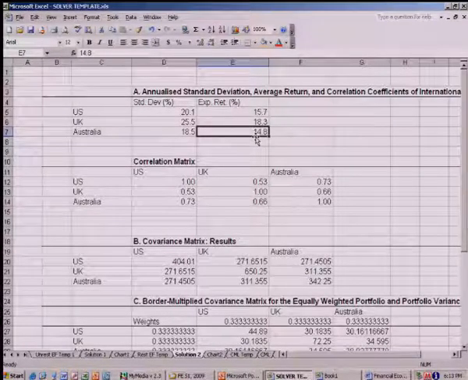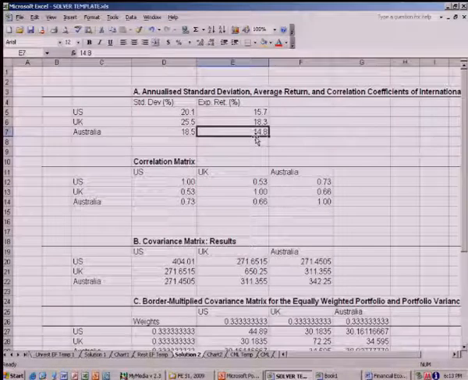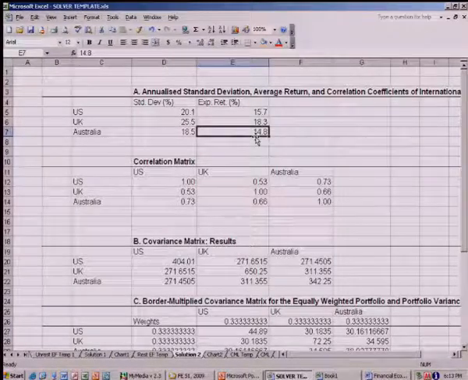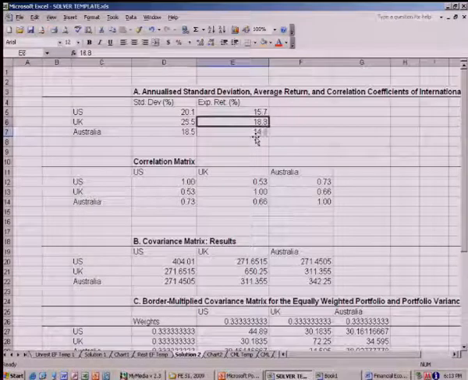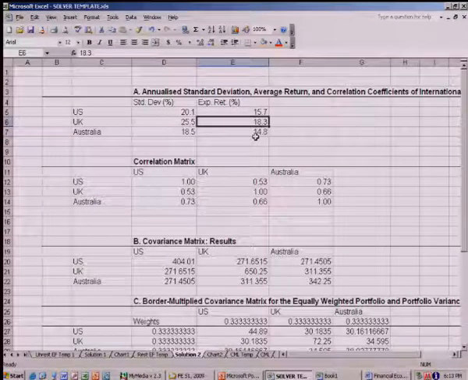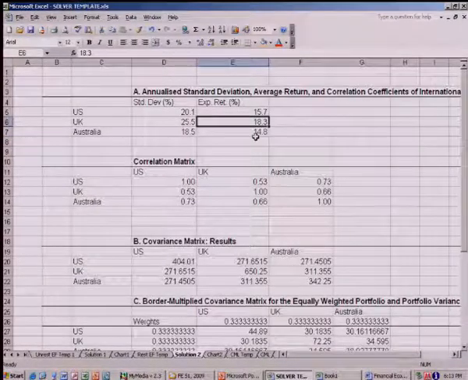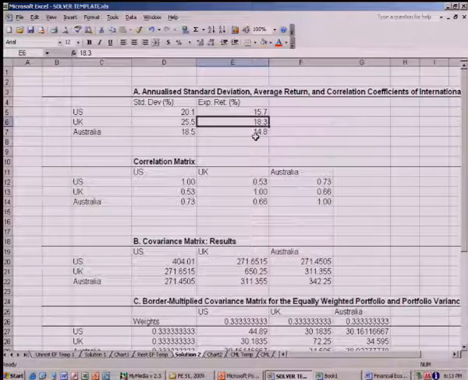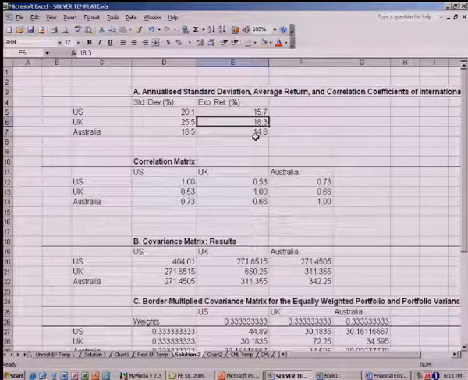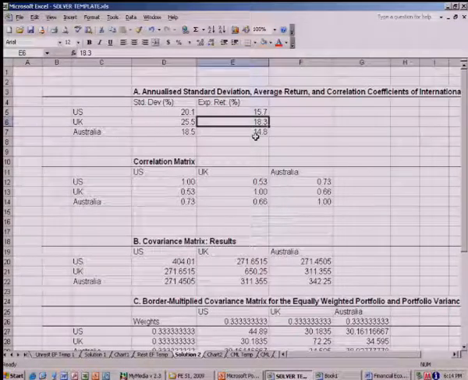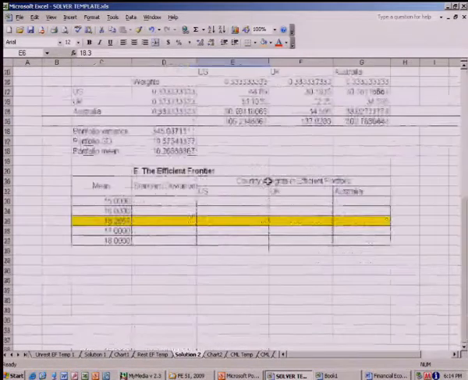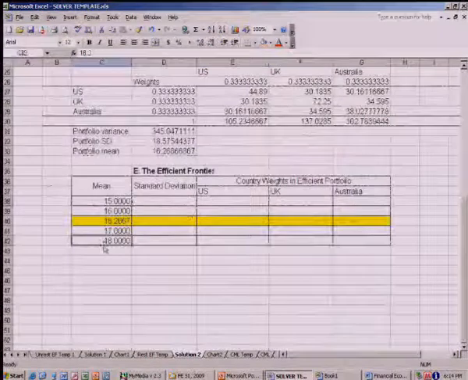You can get 14.8, but that means you're investing all of your funds into the Australian asset. The maximum expected rate of return on an individual asset is 18.3%, which means you can't achieve a target return higher than 18.3%. So you can construct something with a target mean between 15 and 18%.